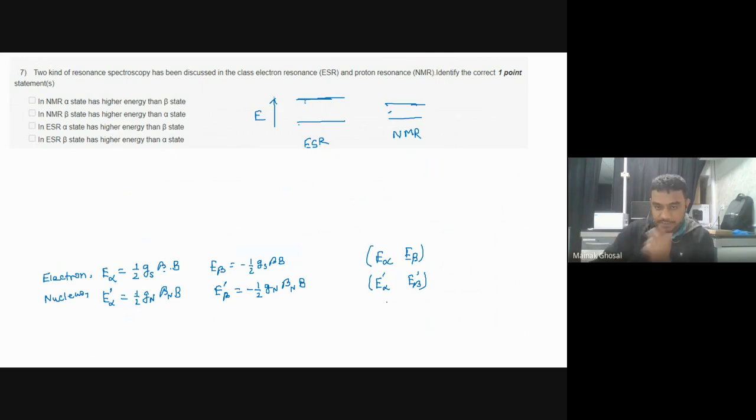So I'm giving you another hint. This beta, what is this called? I have called it the Bohr magneton, right? All these terms are described in the lecture. This is called the Bohr magneton, and for the electronic case, it is negative. So which will have higher energy for this electronic case?